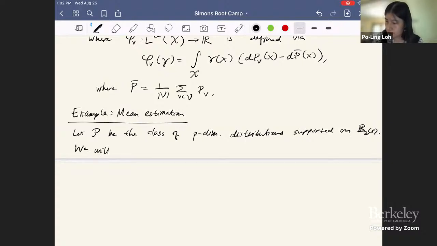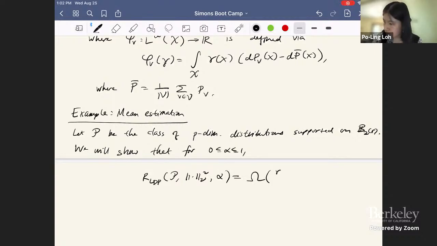And we will show that for alpha between 0 and 1, we have the locally differential private risk in squared 2 norm is equal to omega of r squared p over n alpha squared. Okay.